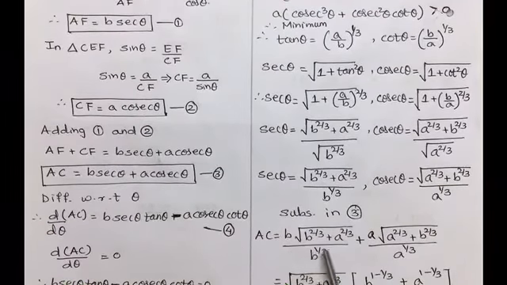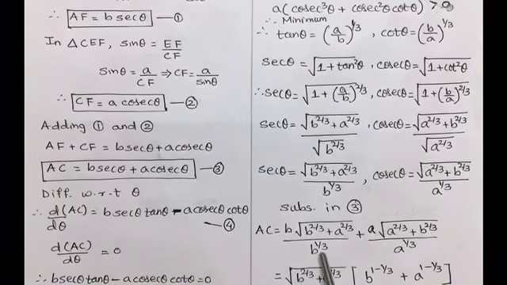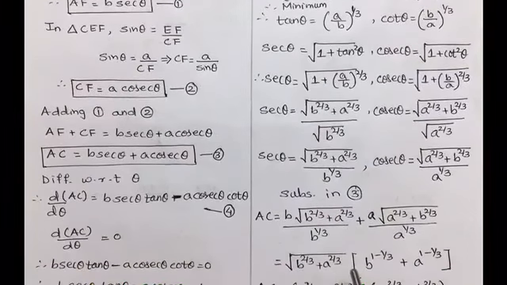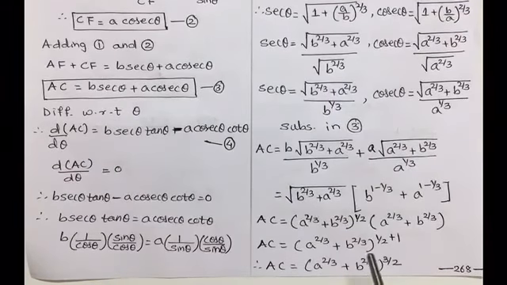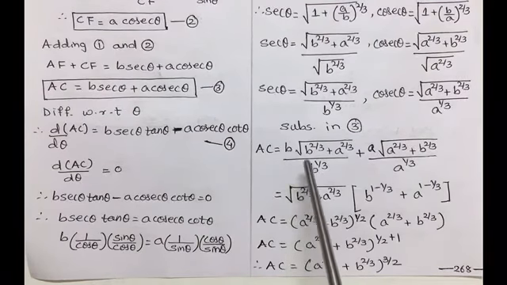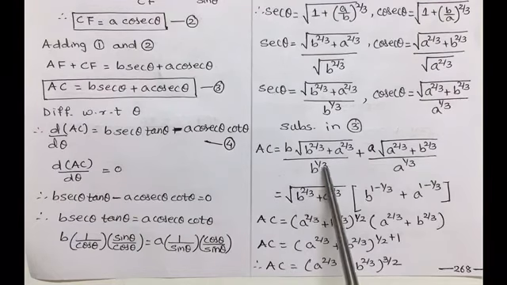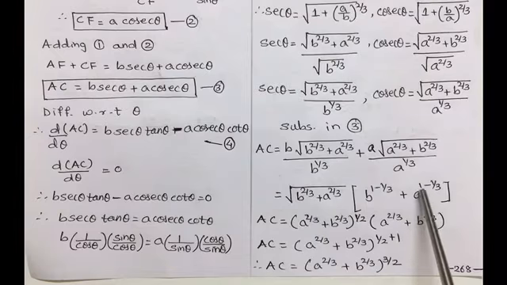AC is equal to, this whole thing we will get it, taking out root of B raised to 2 by 3 plus A raised to 2 by 3 common, and operating B upon B raised to 1 by 3 as B raised to 1 minus 1 by 3, A raised to 1 minus 1 by 3.